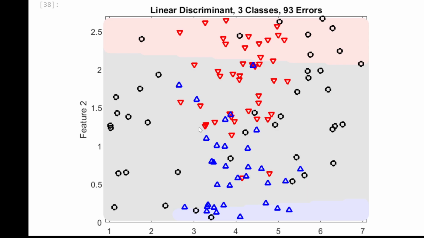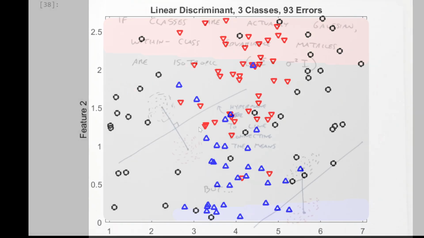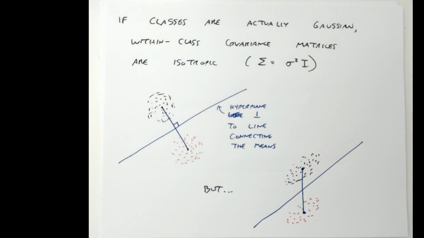So that kind of raises the question about, well, what can I do in situations like this, right? Well, one thing that we talked about in the regression lecture was that what makes linear regression linear is that it's linear in the W parameters, right?